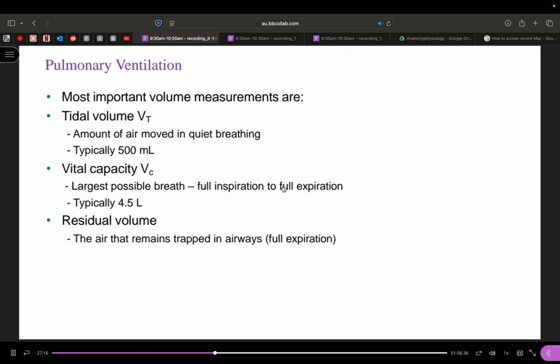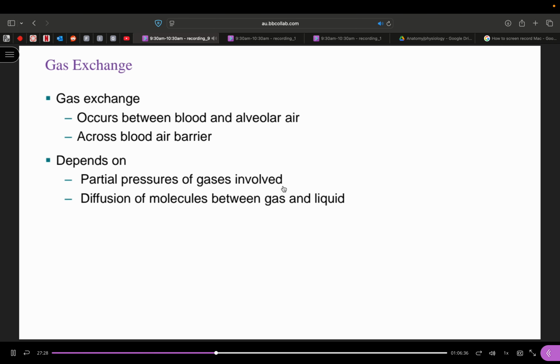And then that means that your residual volume is the amount of air that remains trapped in the airways after the full expiration, which would be half a liter. If you breathe in 500, you expel 4.5 out, and you're going to have half a liter there.